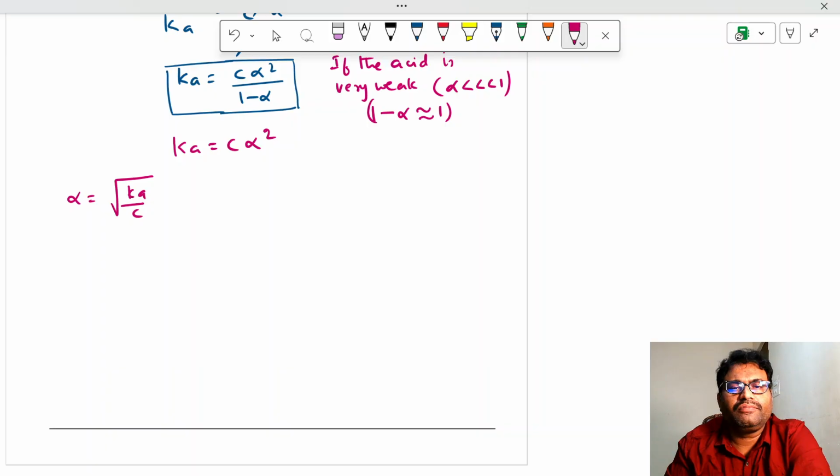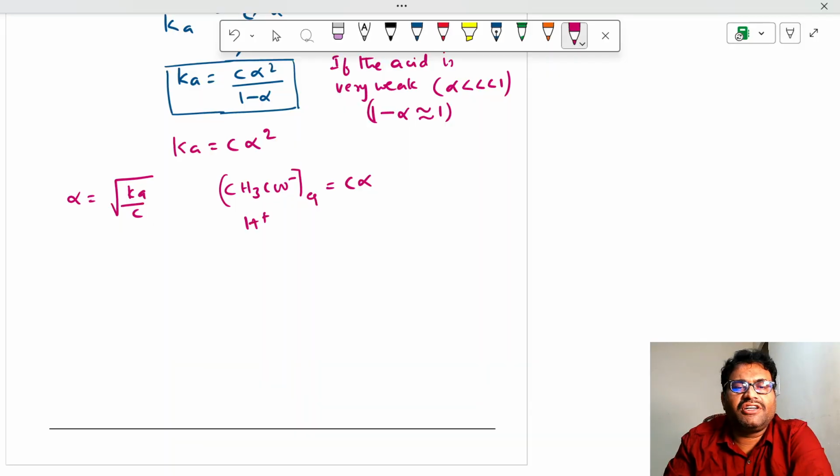Then what will be the concentration of CH3COO minus at equilibrium? That is equal to C alpha. And the H plus ion concentration at equilibrium is also C alpha.